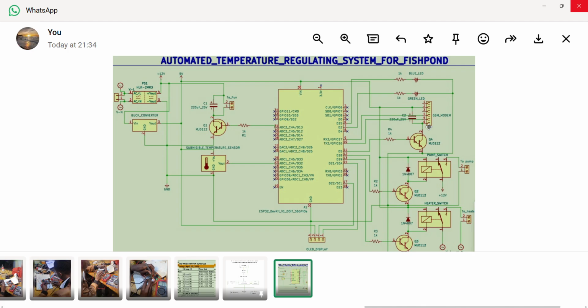Then the pin 4, pin 5, connected to the control system. This one sends the commands to the control. Two pins are going to the control system, because it will be a two-way.